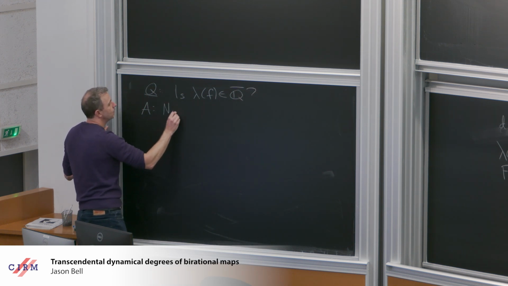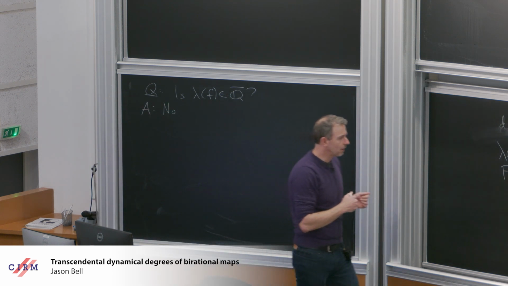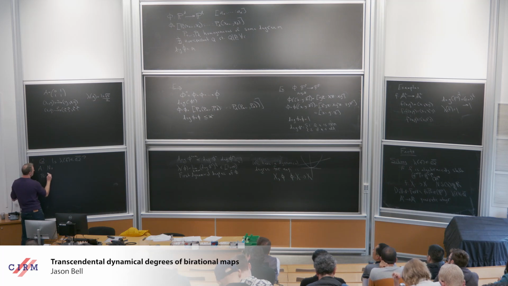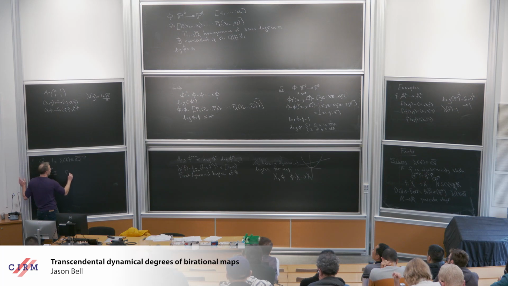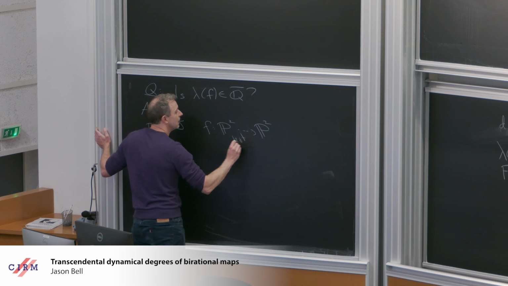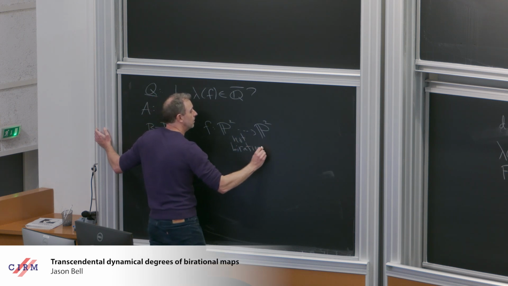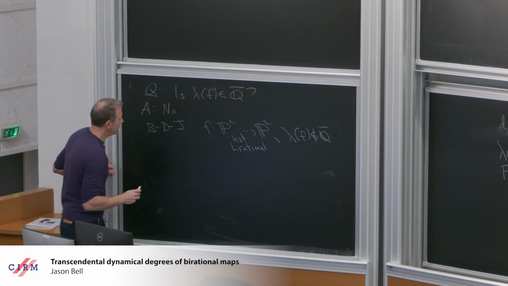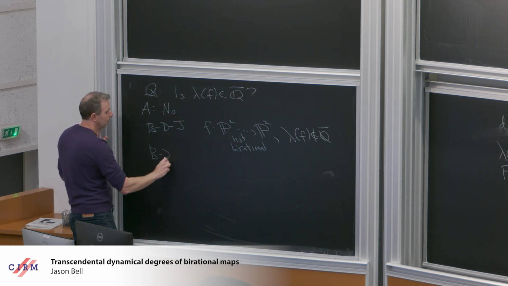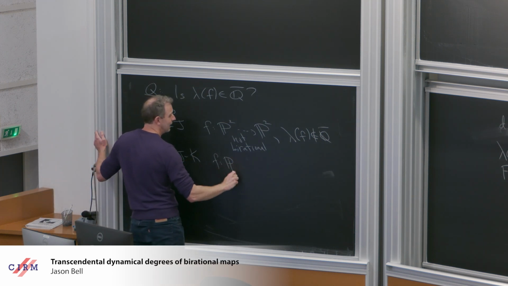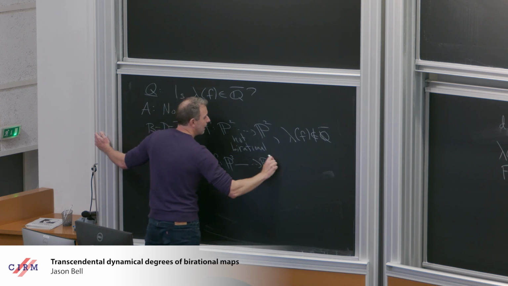And the answer is no. I'll say that first: with Diller and Jonsson, we found a map f, not birational, obviously. And then in a somewhat harder follow-up with Holly Krieger, we found a birational map of P3.